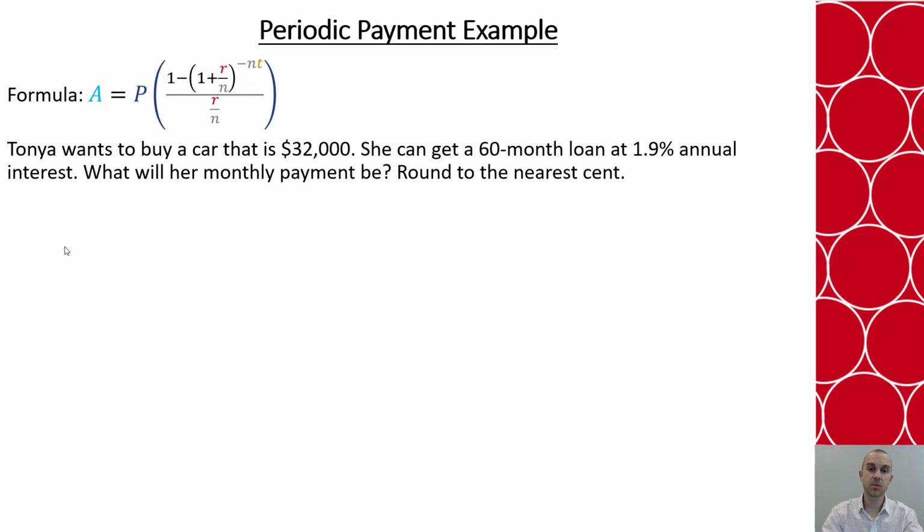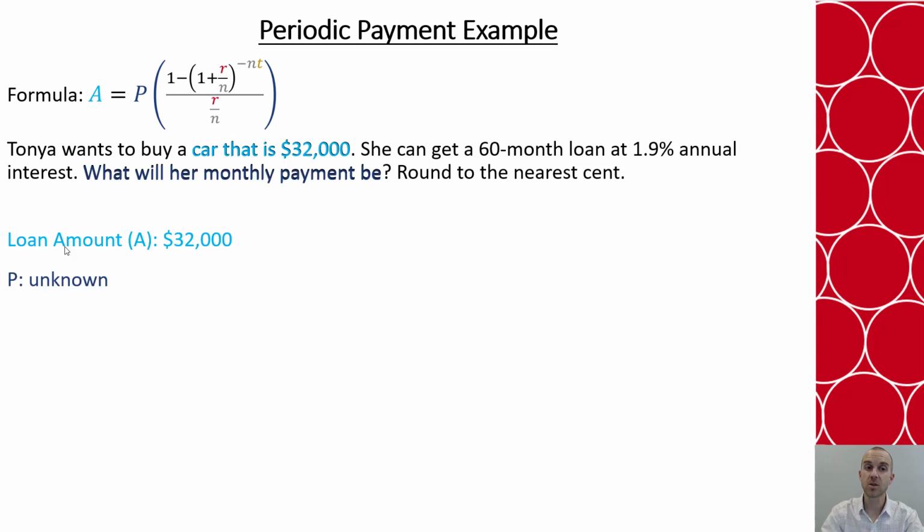So let's look at an example here. Say that Tanya wants to buy a car that is $32,000. She can get a 60-month loan at 1.9% annual interest. What will her monthly payment be? And we're going to round that to the nearest cent. So first, we recognize that the amount that she's starting with her borrowing is $32,000. And they're asking, what's the monthly payment going to be?